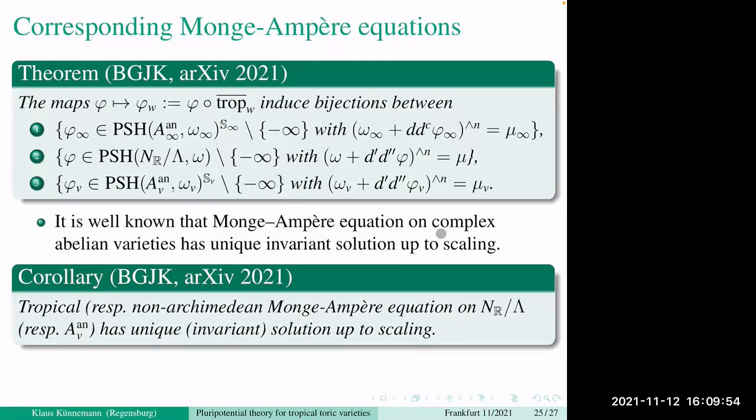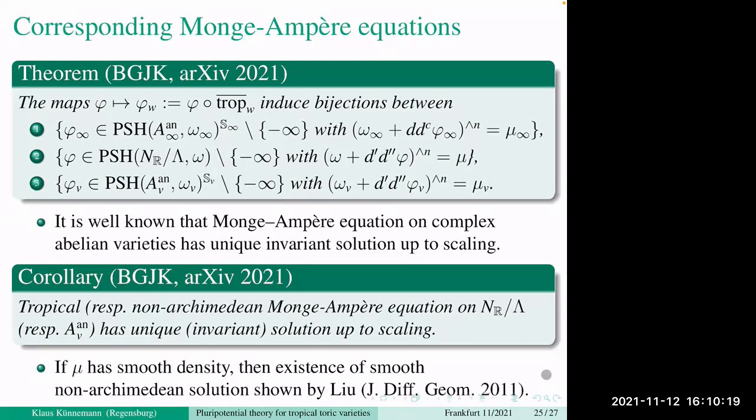And if we use this plus the correspondence here, then we see that the tropical and also the non-Archimedean Monge-Ampère equation on the tropical torus or on the non-Archimedean uniformization has a unique, and here in the non-Archimedean situation even invariant, solution up to scaling. And this was shown before by Liu in the situation where mu has a smooth density function.